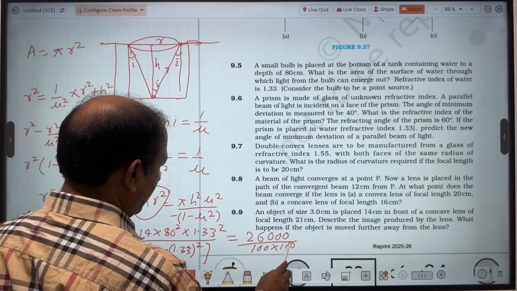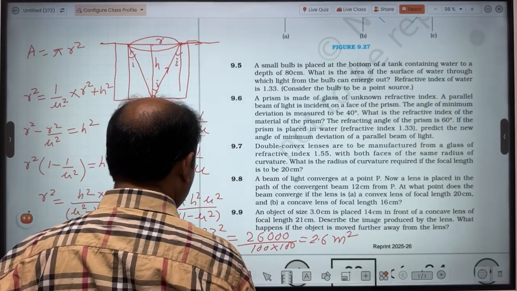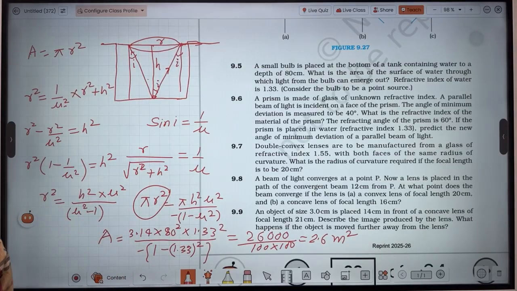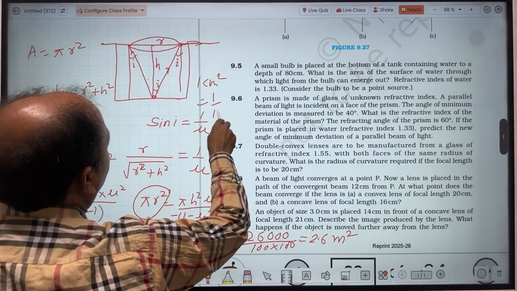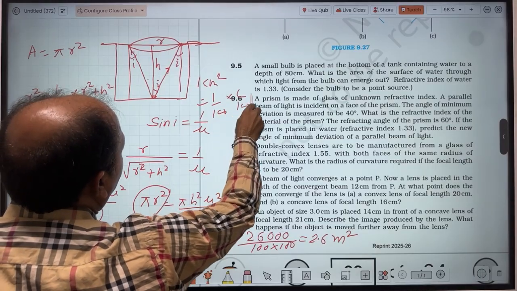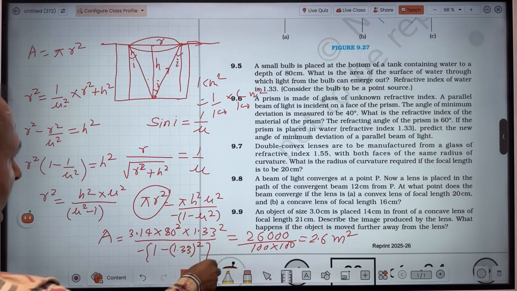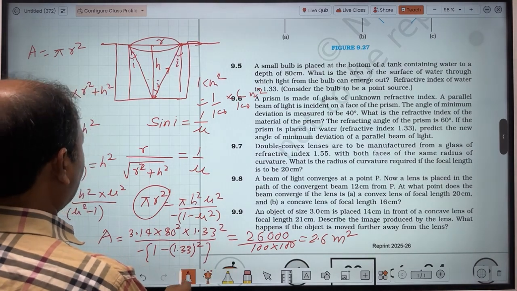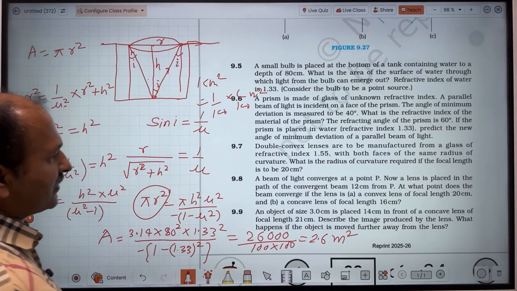Two zeros, 2.6 meter square. 1 cm square is 1 upon 100 into 1 upon 100 meter square. So that is why it is divided by 100 into 100, as this result was in centimeter. Either you can write this radius and height in terms of meter also, you will get the same result.